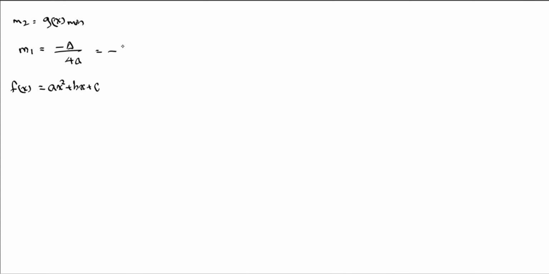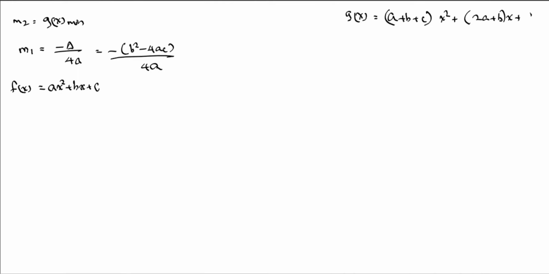It's actually minus b squared minus 4ac over 4a. Now m2 is based on g(x), where g(x) is (a plus b plus c)x squared plus (2a plus b)x plus a.